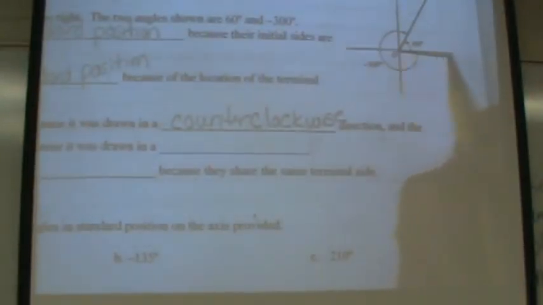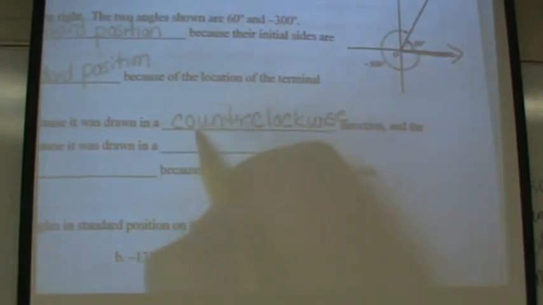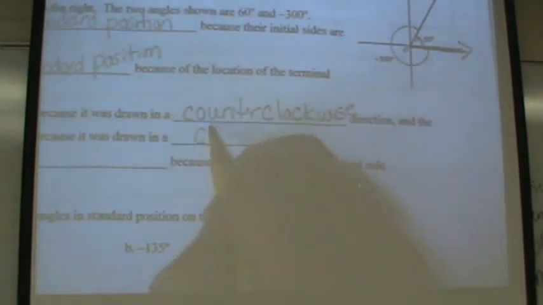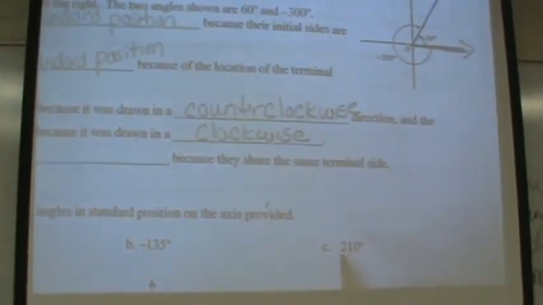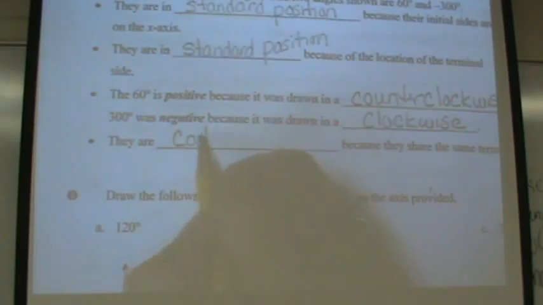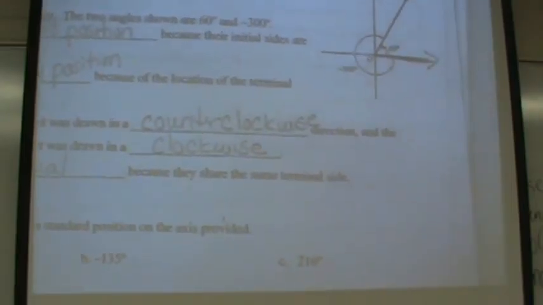Counterclockwise angles are positive. They start on the positive x-axis and they have this arrow. So 60 degrees is a positive angle, but negative 300 is a negative angle because it's going clockwise. Both of these angles are coterminal. Why are they coterminal? Because they share the same terminal side.